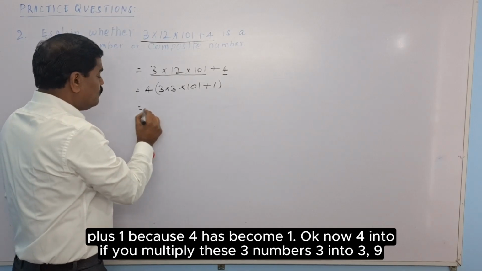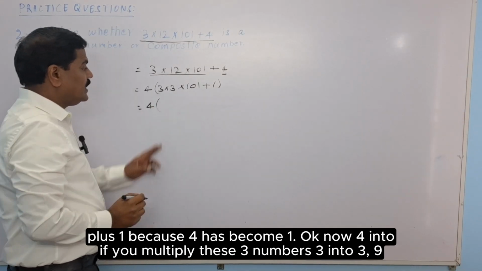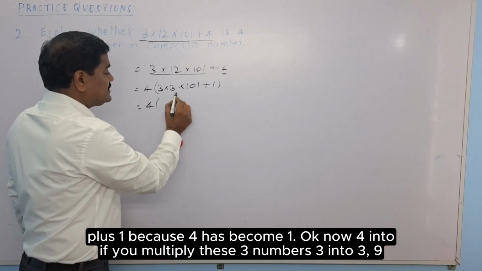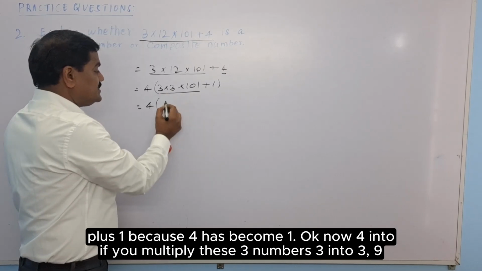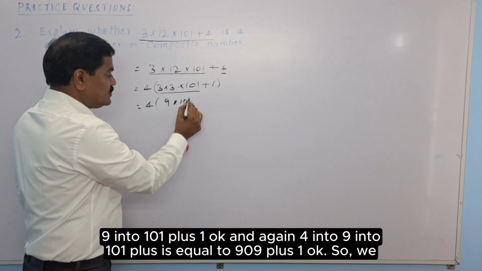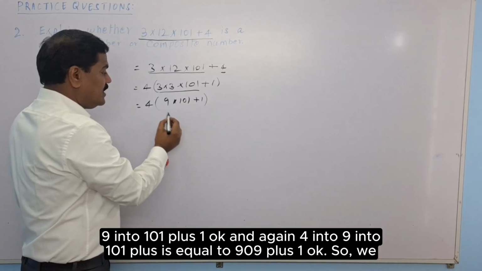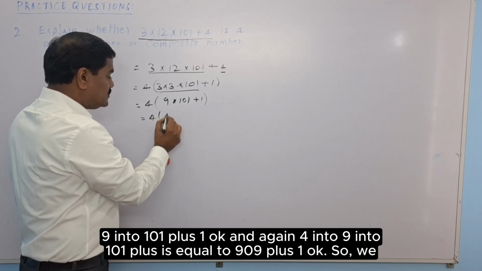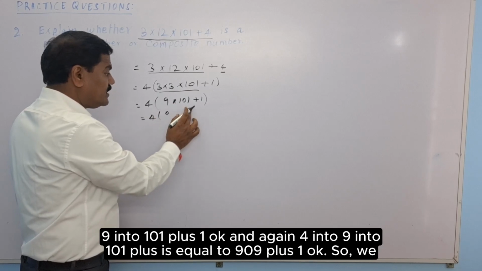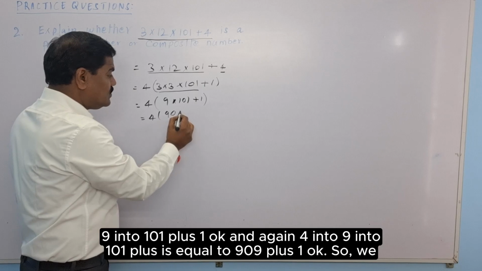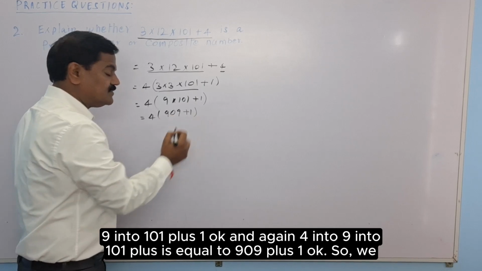Now if you multiply these three numbers, 3 into 3 is 9, 9 into 101 plus 1. Again 4 into 9 into 101 is equal to 909 plus 1.